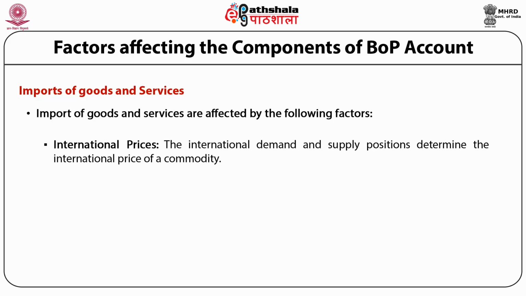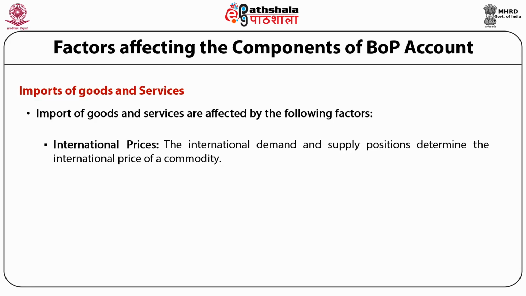The international demand and supply positions determine the international price of a commodity. A higher international price would get translated into a higher domestic price. If the demand for the imported goods is inelastic, this would result in a higher domestic currency value of imports, increasing the supply of the domestic currency.